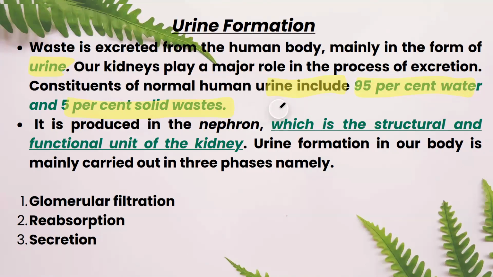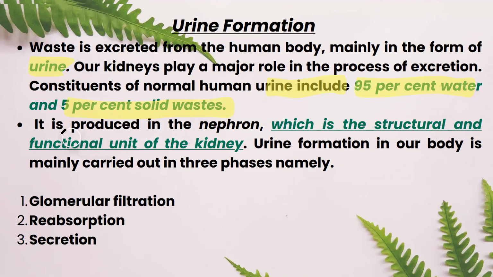Whatever food we are taking, whatever nitrogenous compounds are inside the body, at the end of urine formation the urine will include 95% water, and only 5% other solid waste material.